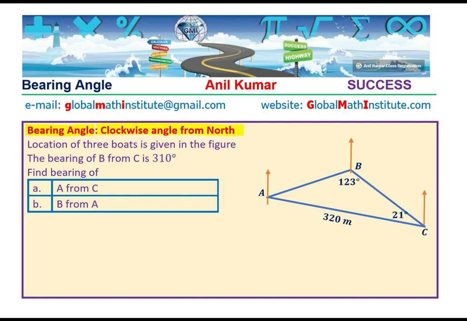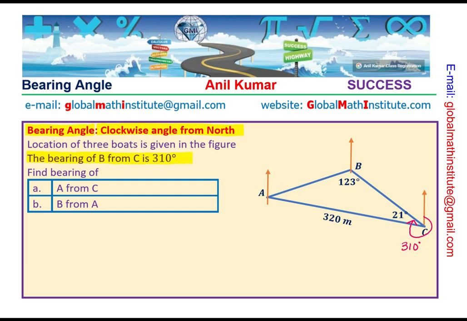So when I say the bearing of B from C is 310 degrees, it means from C, if I go from north like this, that angle is 310 degrees. Does that make sense? Perfect. Now you know what the bearing of B from C means.